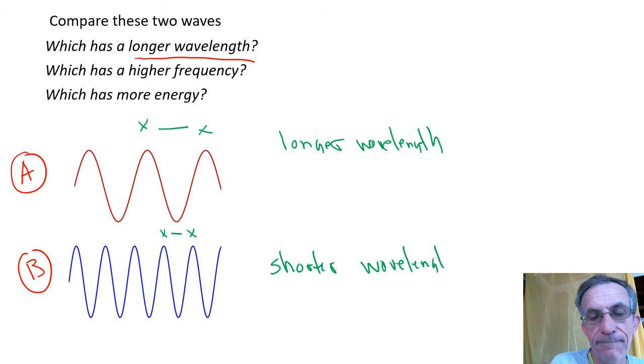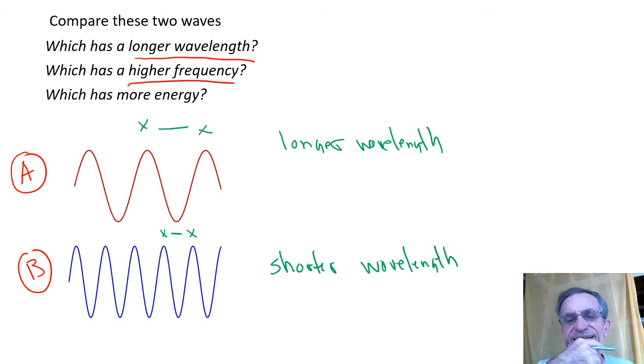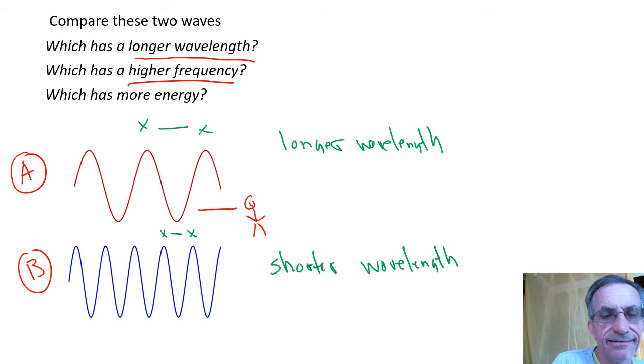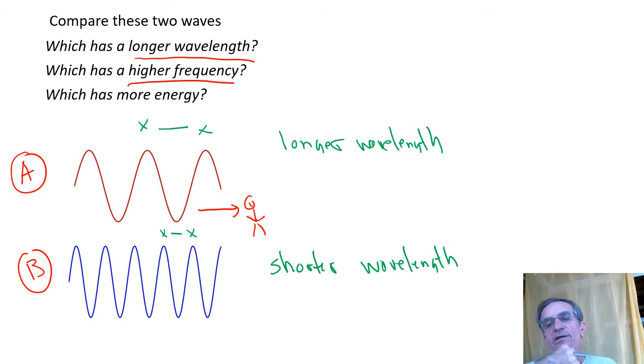Now, there was that other term we looked at, frequency. Which one has a higher frequency? For that, again, you have to imagine they're traveling. Which way they're traveling doesn't really matter. You're going to sit here and count how many peaks pass you. And we're also imagining they're traveling at the same speed, right?